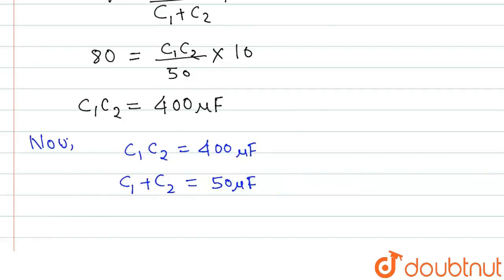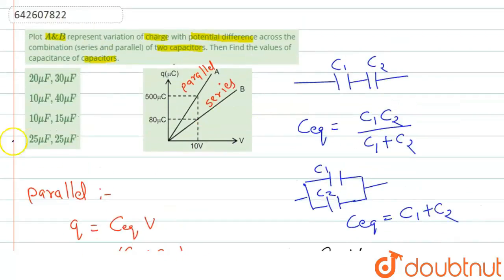So if we see the options, C1 plus C2 must be 50 microfarad, and C1 into C2 equal to 400 microfarad. So if we see the first option, this sum is 50, that is okay, but C1 into C2 is not 400.